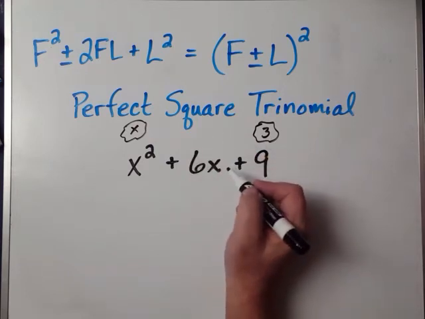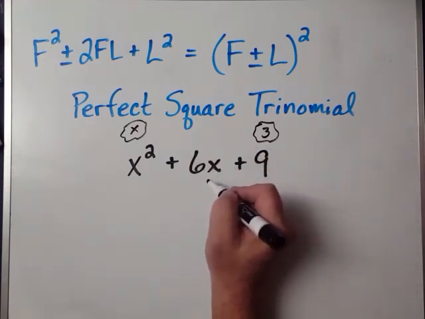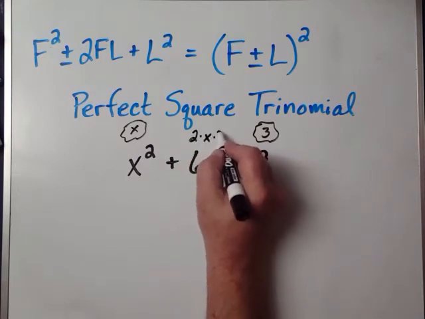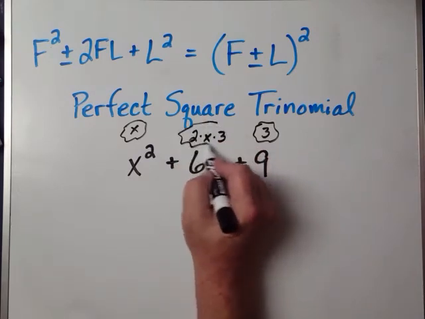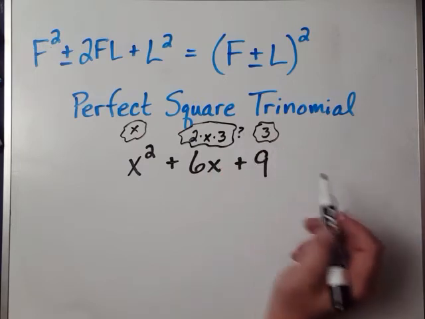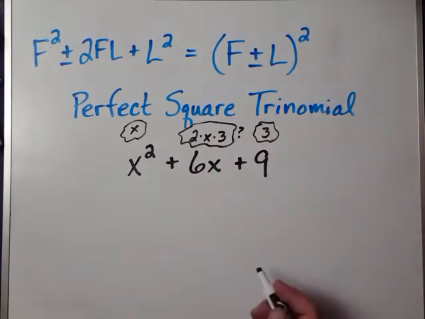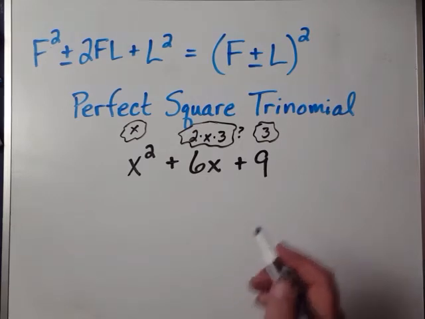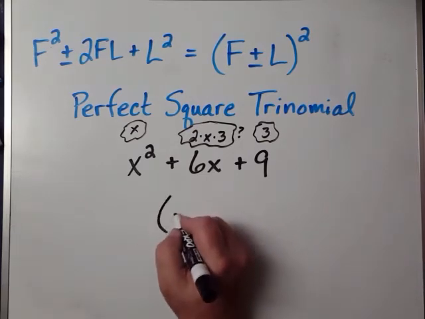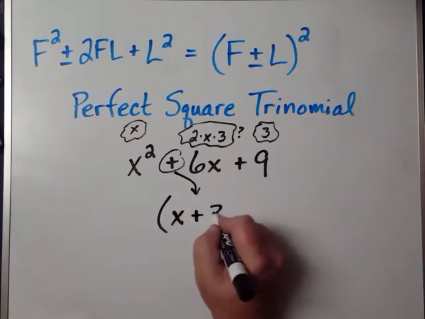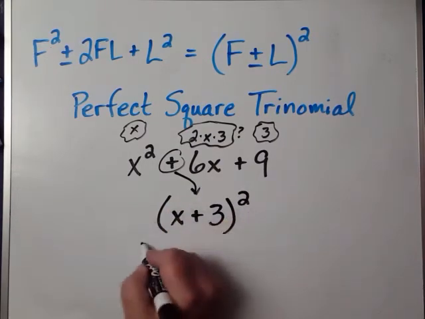So now I have to ask, is this term in the middle 2 times the first times the last? Is this thing in the middle 2 times x times 3? Yes, it is. So this is a perfect square trinomial. Well, then I know how it factors. It factors as the first, and in this case plus, the last, quantity squared, and I'm done.